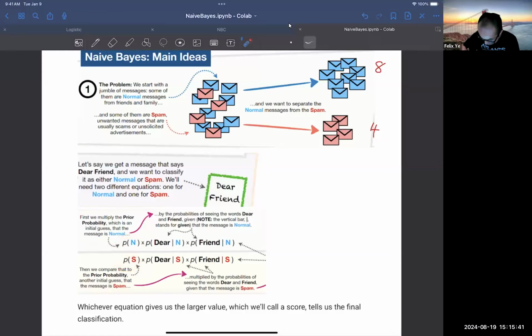And since I assume all the features are conditionally independent given the label, conditional on normal, the probability of showing "dear" and the probability of showing "friend" are independent, so I can multiply them together. This is the probability of seeing the words "dear" and "friend" given the message is normal, and this is the probability of seeing them given the message is spam.